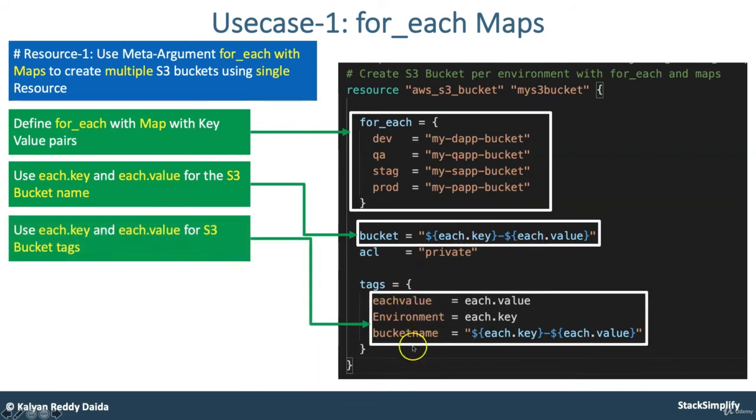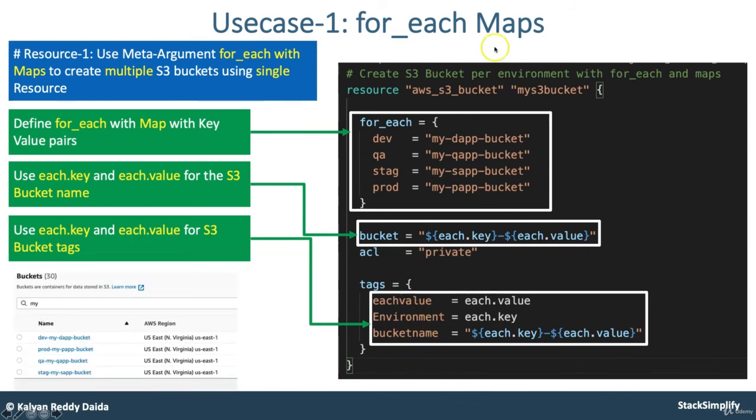In the same way for tags, if you want to verify what values are coming, for environment you can say each.key, and the bucket name you can also put in the tag, which is what comes inside each.value. Just for testing you can try these things. Once you create these and run terraform apply, these buckets will be created.